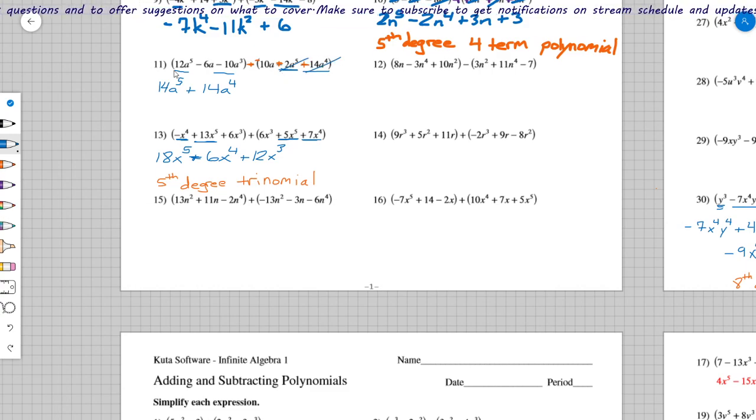So we're done with those. Then we're going to have our negative 10a to the 3rd. And then we have negative 6a minus 10a. So that's going to be negative 16a. So if I was to label this, going off of the highest degree, it would be a 5.